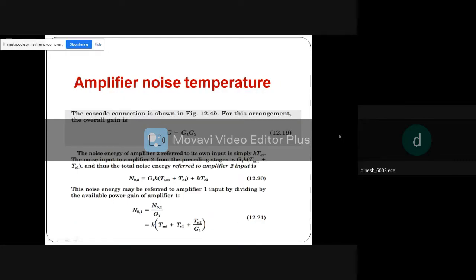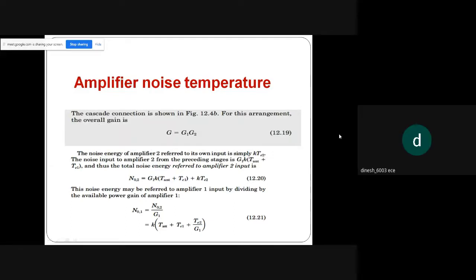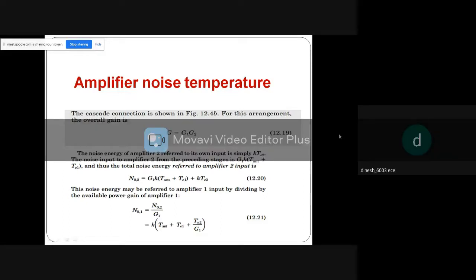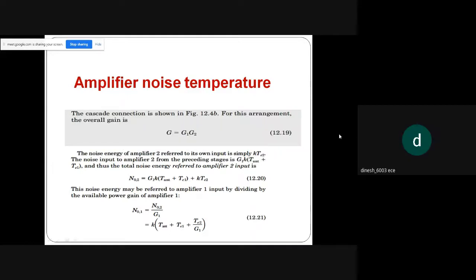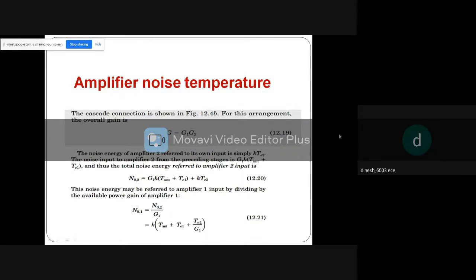For cascading, G is equal to G1 times G2, where G1 is the gain of the first amplifier and G2 is the gain of the second amplifier. The noise energy of the amplifier referred to its input is simply K T E. We get the noise energy due to amplifier 1 by dividing by the available power gain of amplifier 1, so N naught 1 is equal to N naught 2 divided by G1.